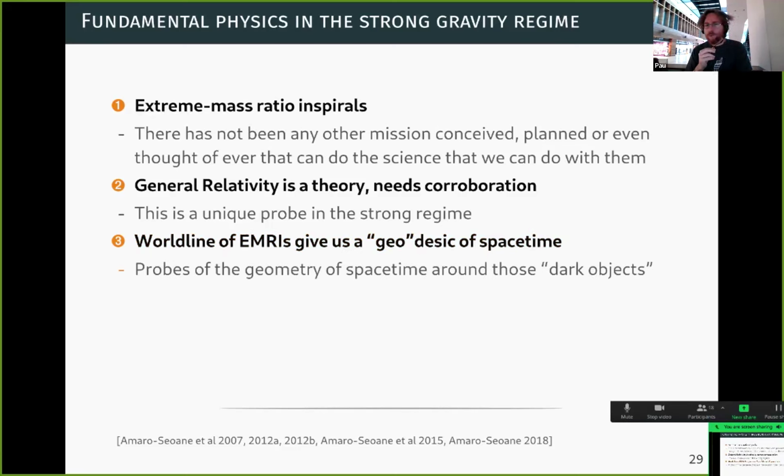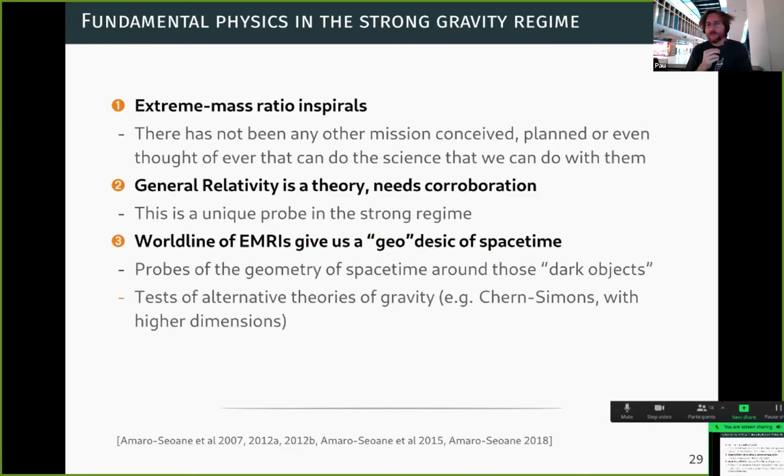We're going to have probes of the geometry of spacetime around those black holes, dark objects, so that you can test alternative theories of gravity if you wish, although I am completely fine with standard, boring, in quotation marks, relativity, which is already challenging enough, but a lot of people are testing alternative theories. Well, you are going to be able to test them and rule them out very likely, I hope.